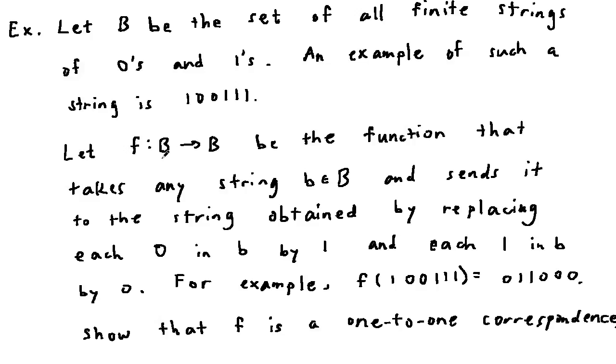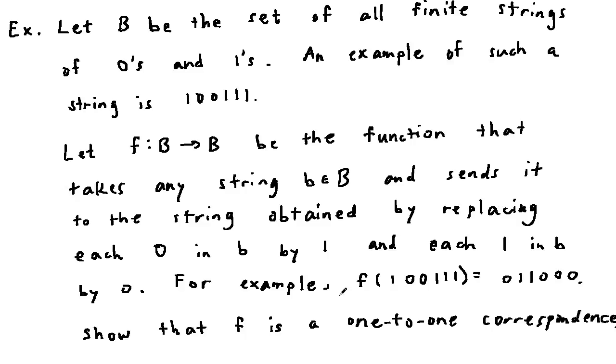Let f from B to B be the function that takes any string b in B and sends it to the string obtained by replacing each 0 in b by 1 and each 1 in b by 0. For example, f(100111) is 011000. So it just swaps the zeros and ones. Show that f is a one-to-one correspondence.